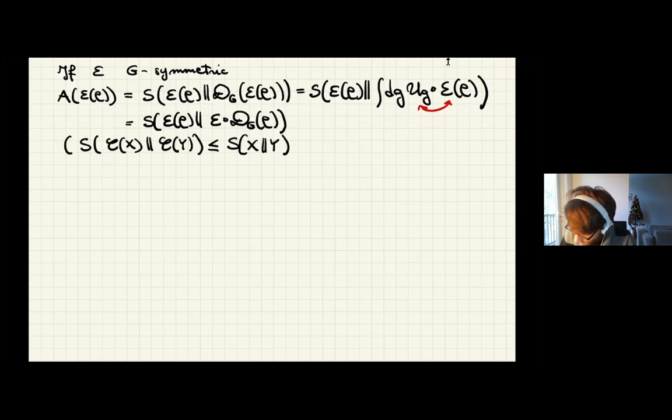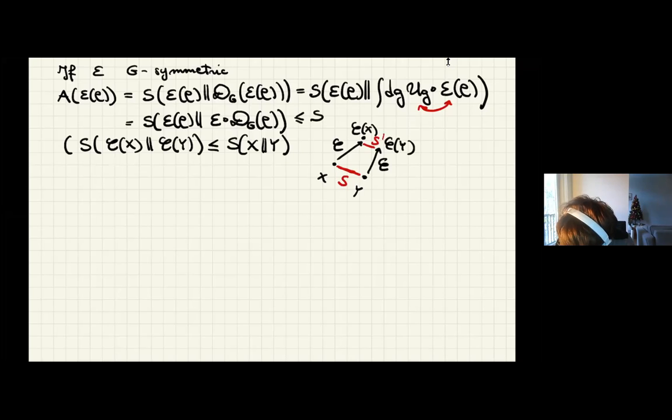So the basic idea is that if I have X and Y, and I apply some channel C, the same one to both, I get two new points, C of X and C of Y. If the relative entropy was S at the beginning, then at the end S prime is smaller than S. This property is called contractivity, or sometimes the data processing inequality. And that's it. So we can use this property here to say that this is smaller or equal than the same thing without the epsilon.